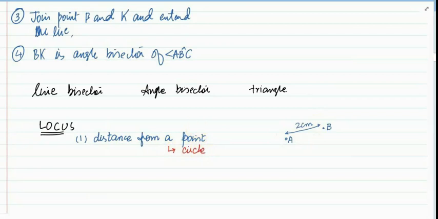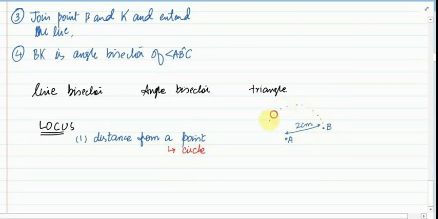That is the locus. Whenever B moves in a circle, it is always 2 centimeters away from the point A, and that is its locus. That is a path followed by B with a certain condition that it is always 2 centimeters from A, right?